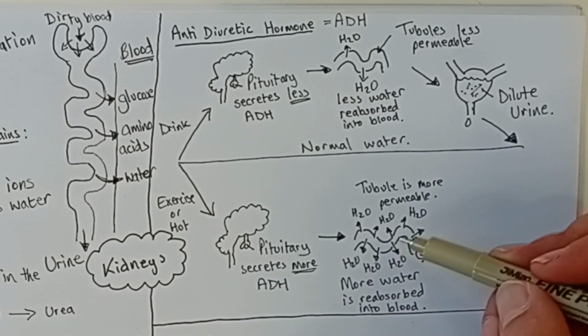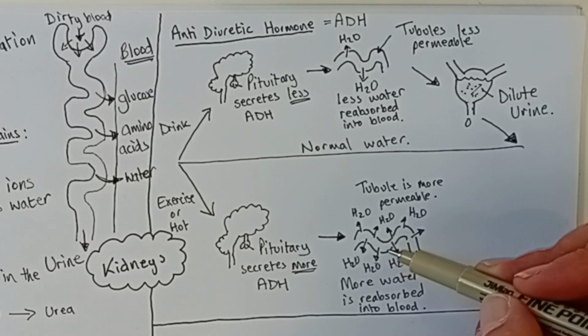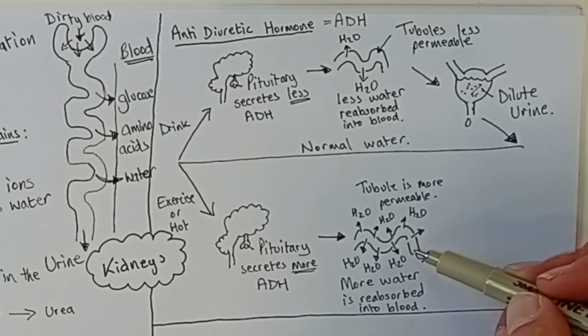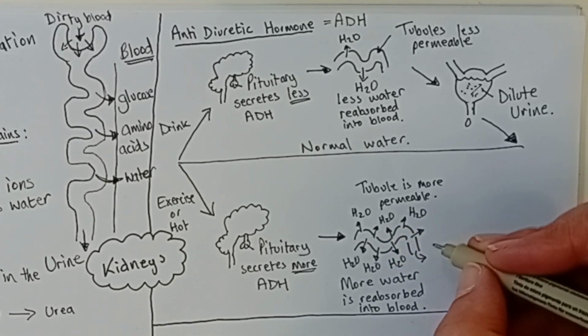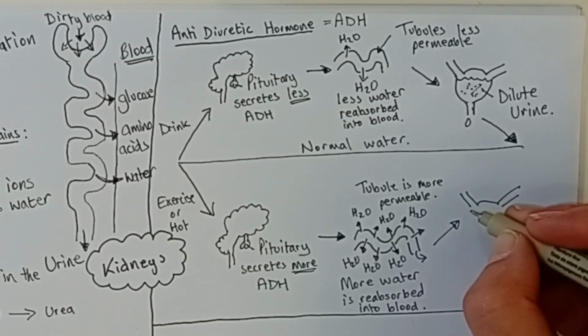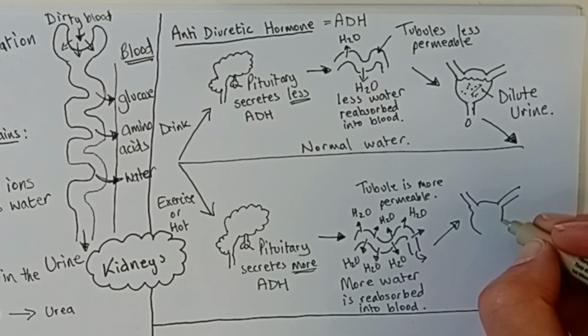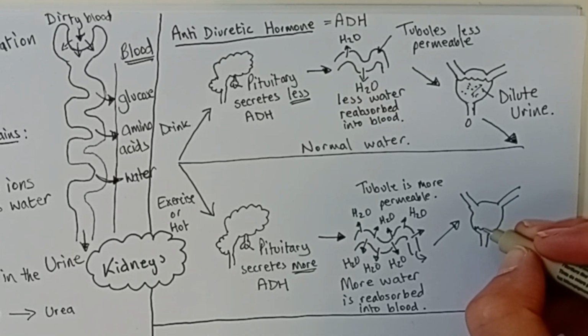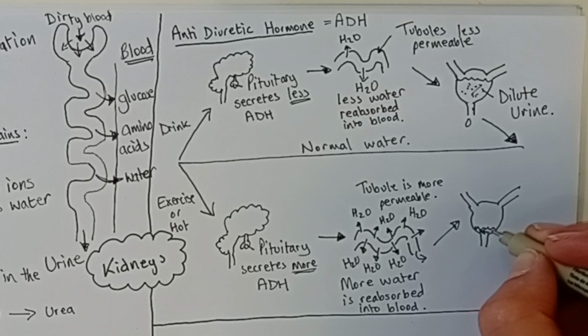What that means is if all that water's leaving the urine, this is the urine passing along here and it's leaving, it means there's less water in the urine, which means in the bladder there'll be less urine, and the urine that's there will be more concentrated. So it will be much darker in colour.